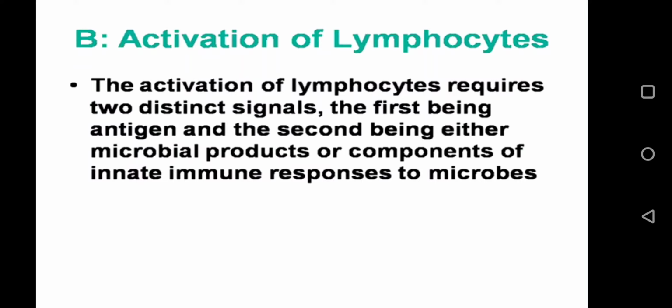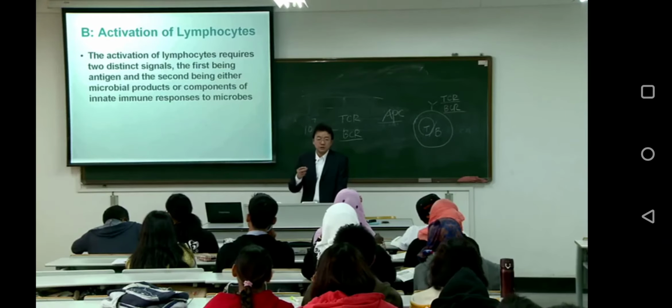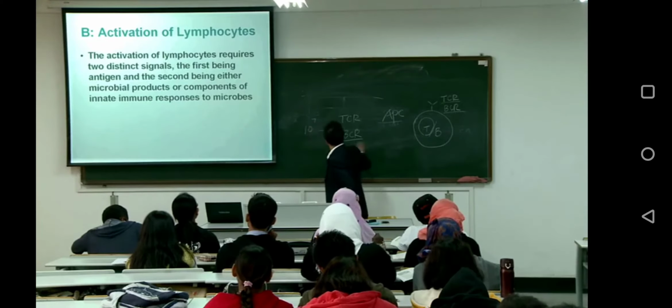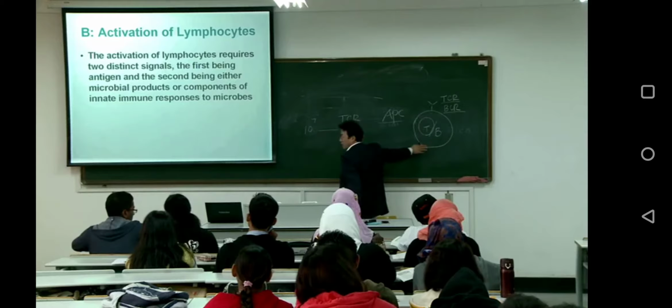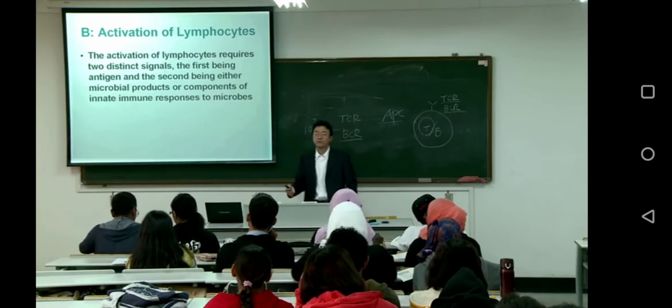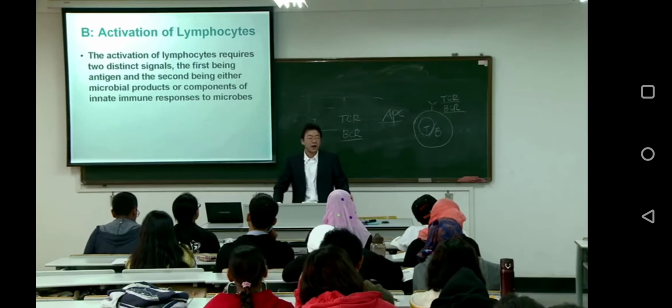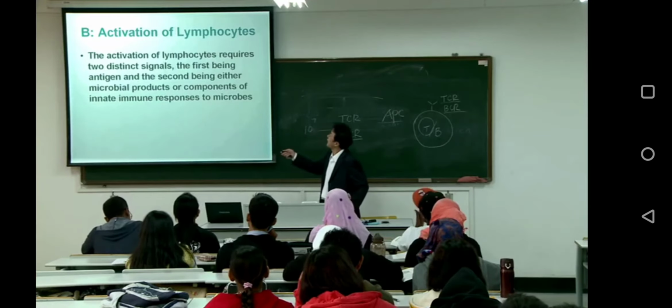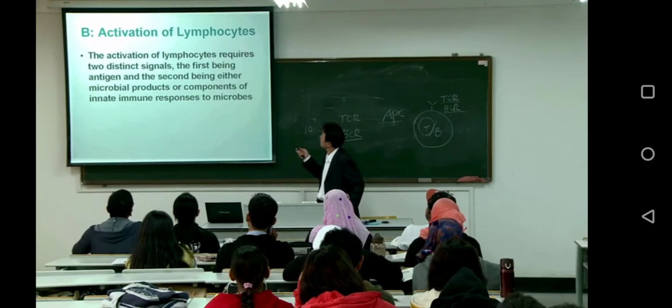The second stage is activation of the lymphocyte. So we need to learn about cell surface markers or cell surface molecules located on the surface of the T lymphocyte or B lymphocyte. How many molecules are involved in the activation of the lymphocyte?